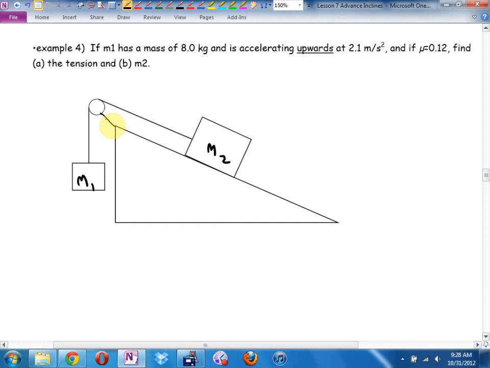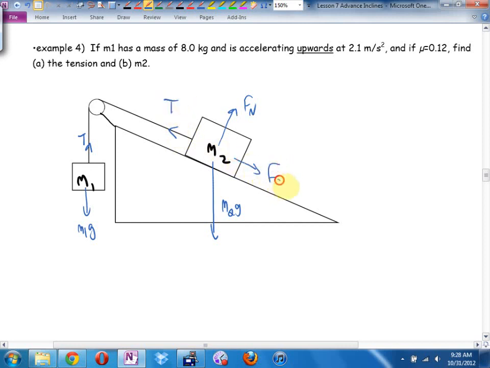We're good? Hey, what are the forces acting on M1? Get the obvious one. What else? Tension. M2. We have M2G. Normal force. Tension pulling it up.